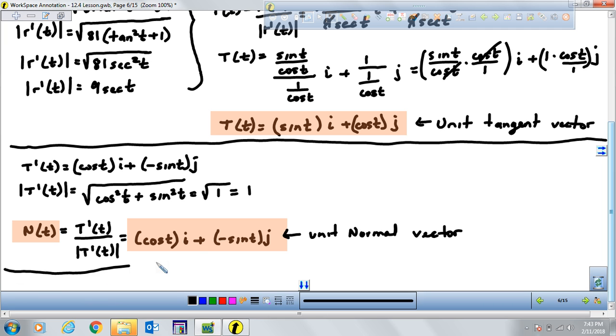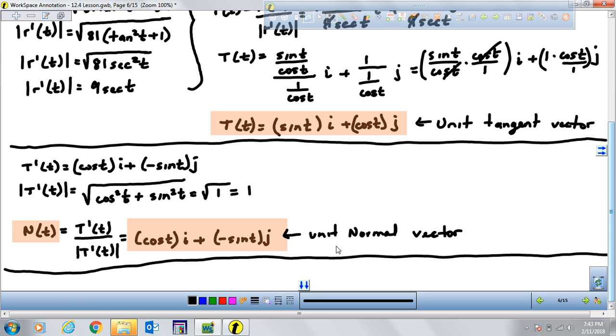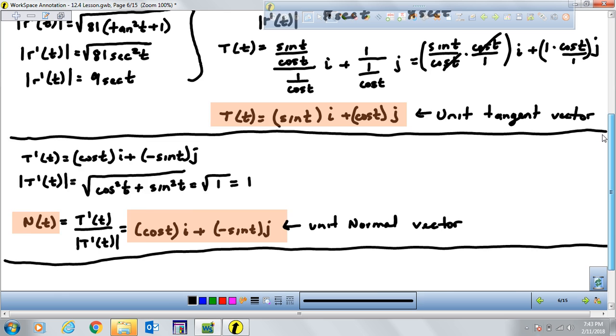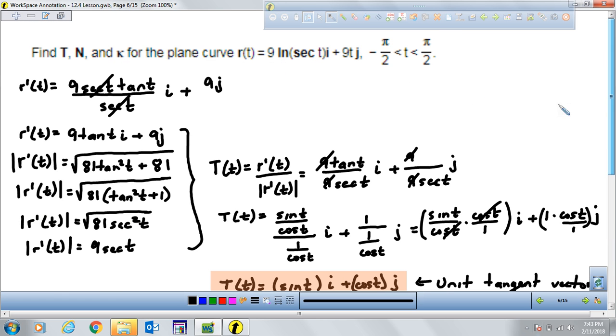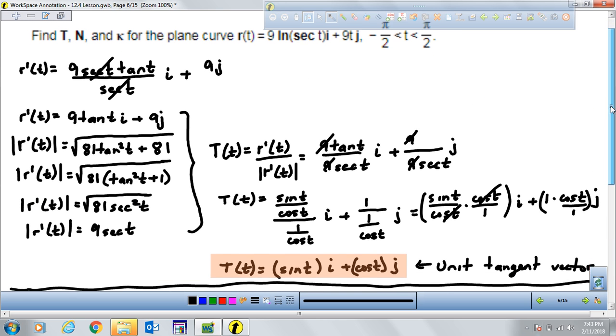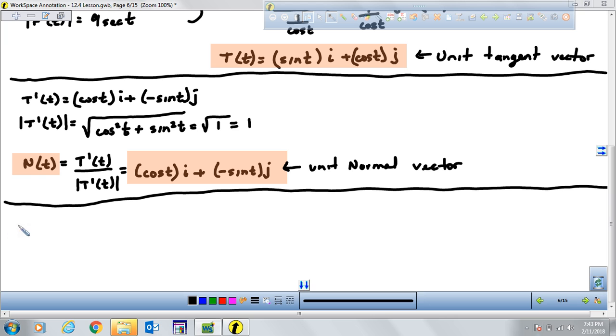Now, how do we find how much the graph of that vector, the position vector, is going to curve at any point on the curve? To find that curvature, all we have to do is divide the magnitude of the derivative of the tangent vector by the magnitude of the derivative of the position vector, which is the velocity vector.